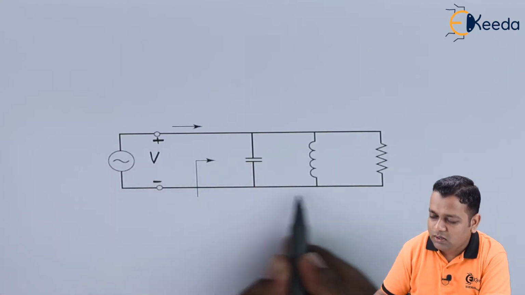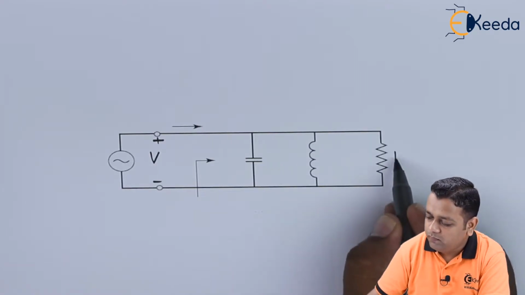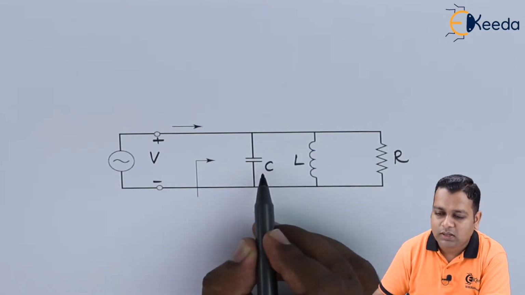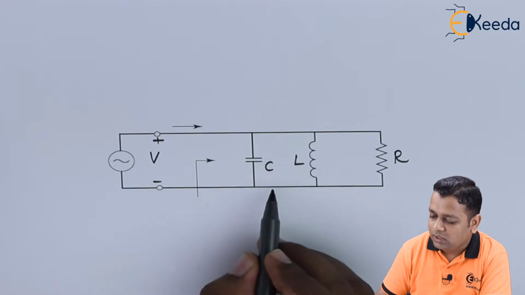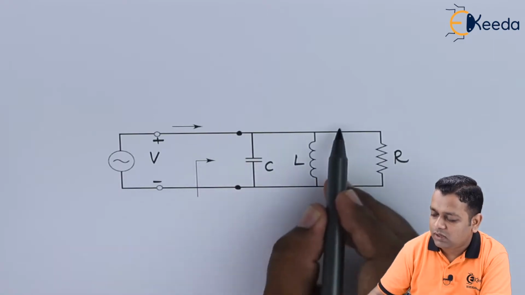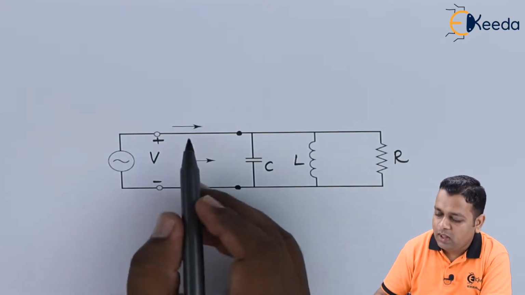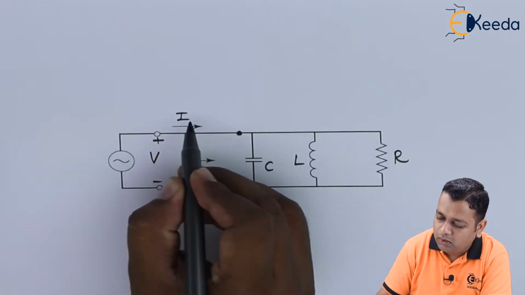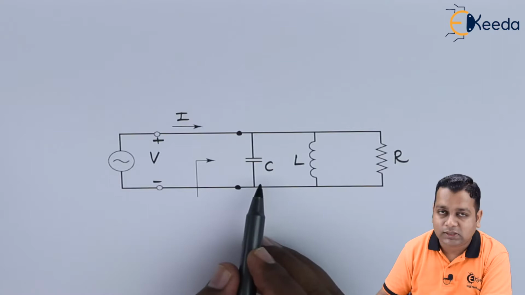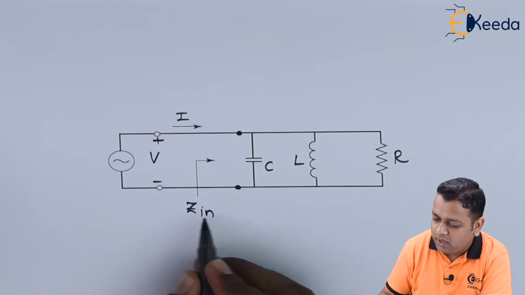It is provided to the individual parallel branches corresponding to the resistor component capital R, the inductor component capital L and the capacitor component capital C. The common point of these parallel branches is supplied with the potential capital V, and through this branch we have the flow of current denoted by capital I. For such a parallel connection of RLC, the corresponding input impedance can be marked onto this circuit diagram by Z suffix IN.